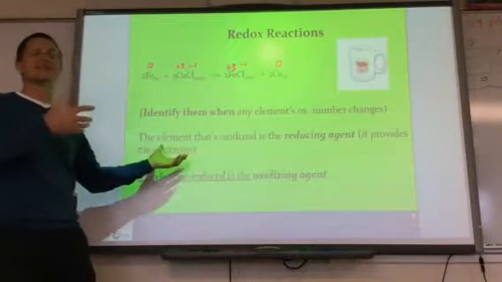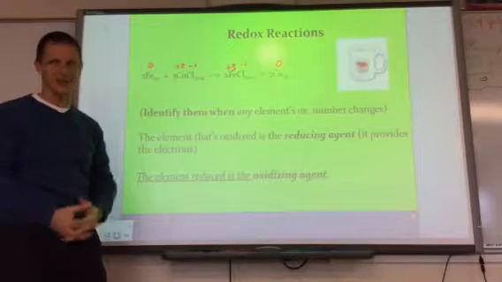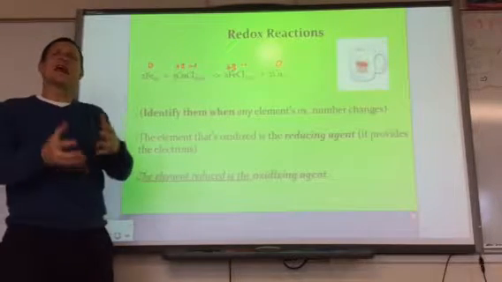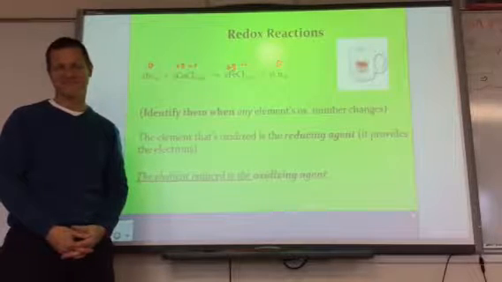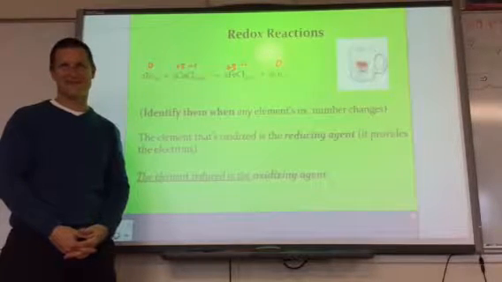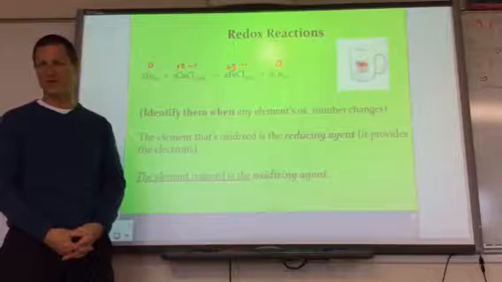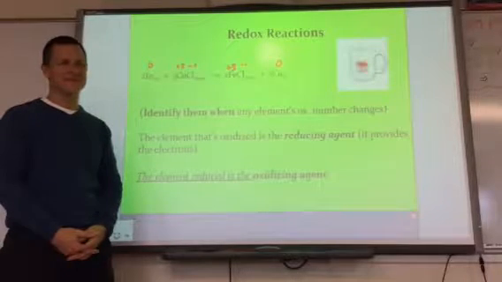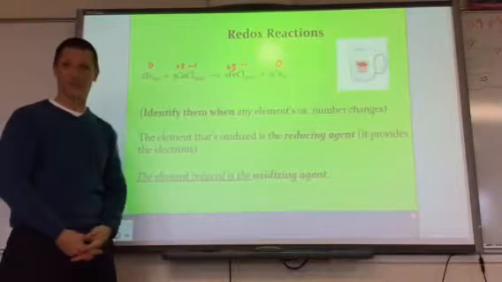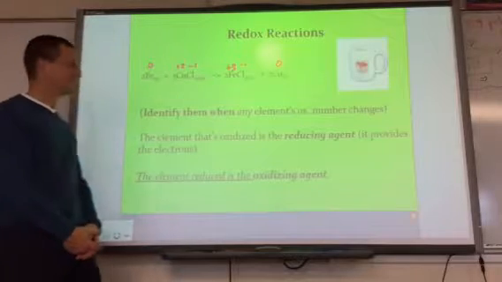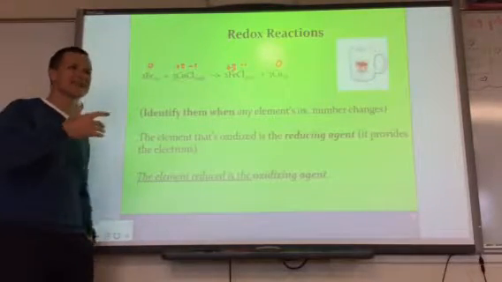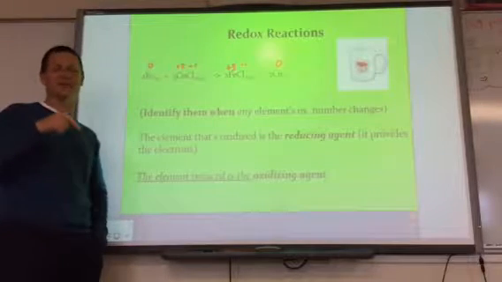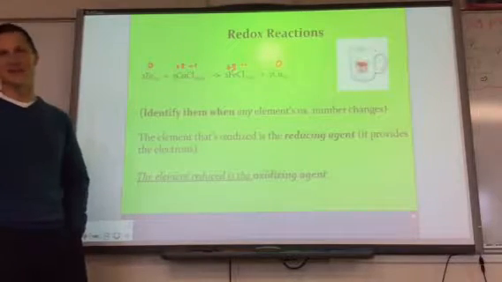So the thing that oxidizes in a reaction is called the reducing agent. It's like it's helping something else to reduce. That gets confusing and frustrating to people. And you may wind up as one of those people that gets frustrated by that. Yeah, because it's the opposite word. The thing that oxidizes is the reducing agent.